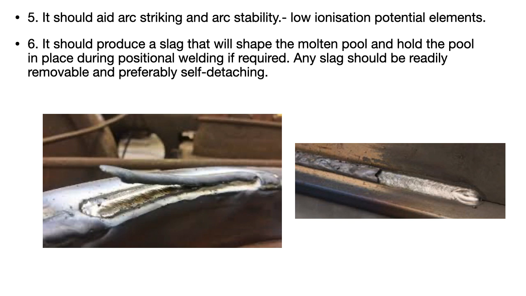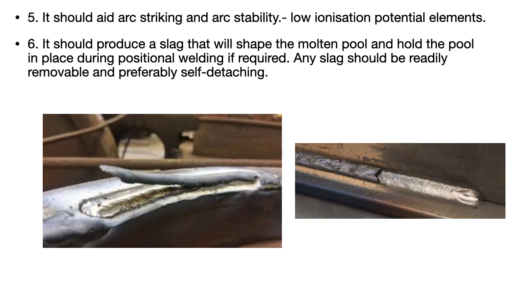The other effect which I have already told is producing a slag. You see, slag may seem to be an undesirable thing which shall be removed, but it has a lot of functionalities associated with that. One among that is the slag produced shall be easily detachable.